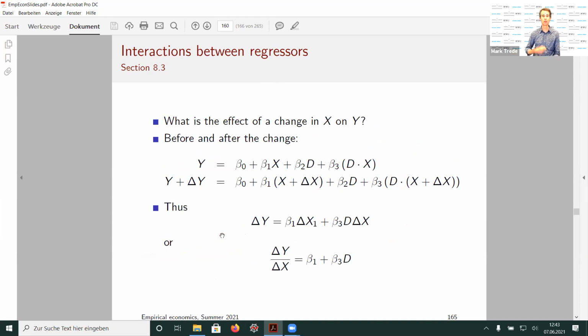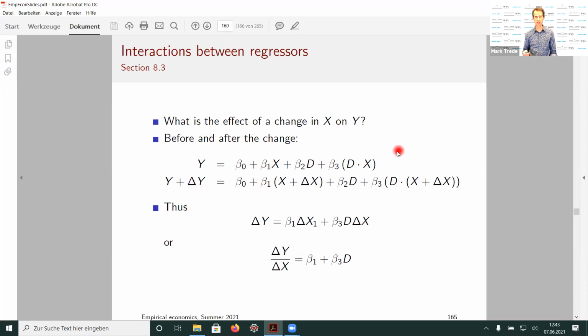All right. So what would be the marginal effect of x on y? Well, we have seen how to compute that last week. We can compute that by looking at the regression equation before the change, ignoring the error term for a moment, and then looking at the regression equation after the change, and then rewrite that such that the marginal effect is on the left-hand side.